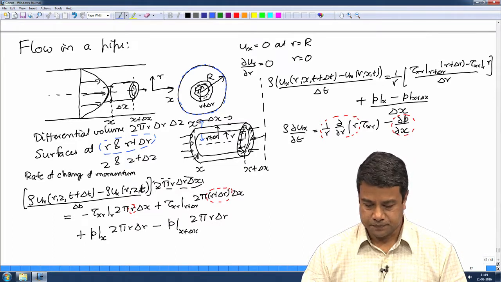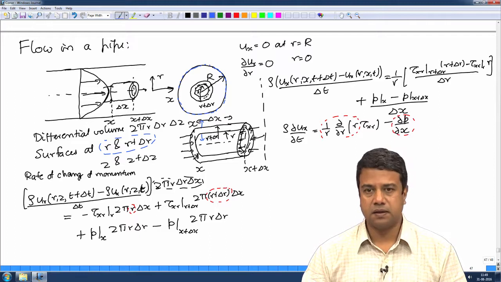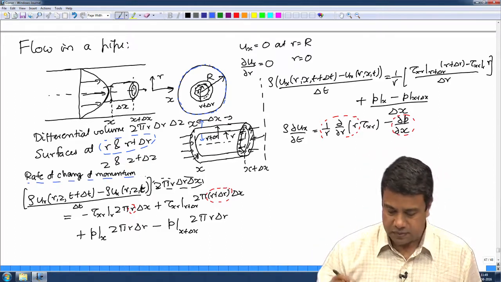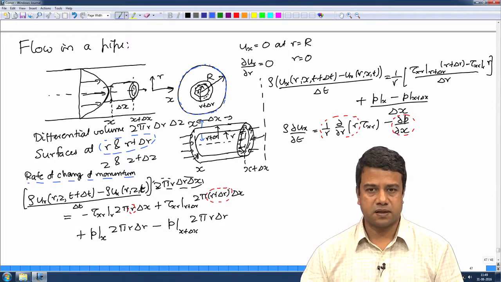Okay. We have done the balance equations between a surface at r and a surface at r plus delta r. We had written that the rate of change of momentum is equal to the sum of the applied forces. This momentum balance equation was done for the x direction, the x momentum, the streamwise momentum.